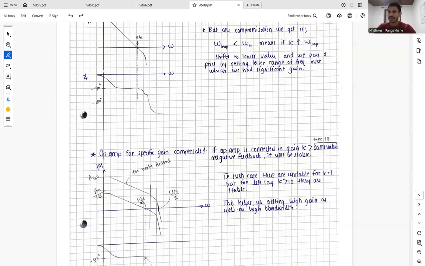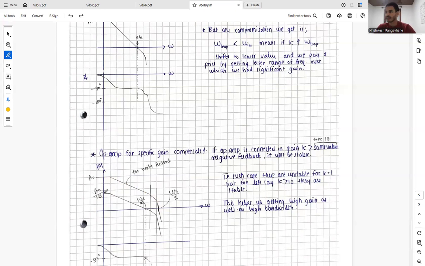Let's say for unity gain, the curve will be something like this, where the poles might lie before omega U. But that is not of our concern because we said that the k value is 10 or greater than 10. Let's say the boundary condition is 10.